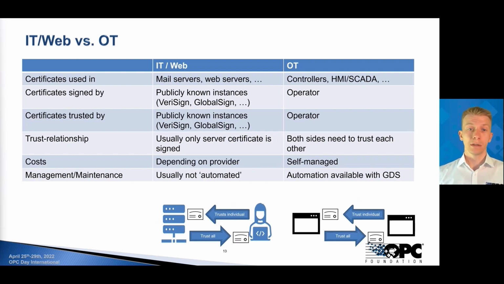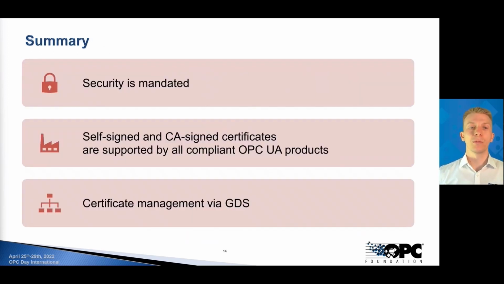Now with OT and OPC UA, all of that is standardized by using the GDS, which we already heard about from Randy Armstrong in the security sessions, as well as from Jim Loof in his global services session. So OPC UA really helps here, and that is basically where I want to go with my summary.